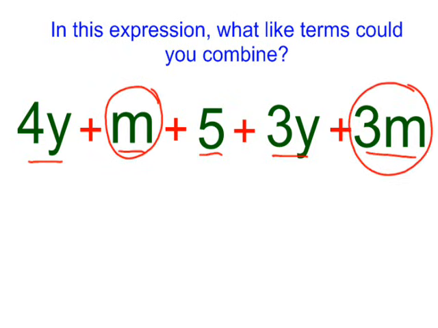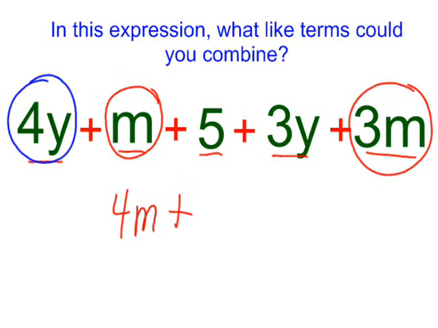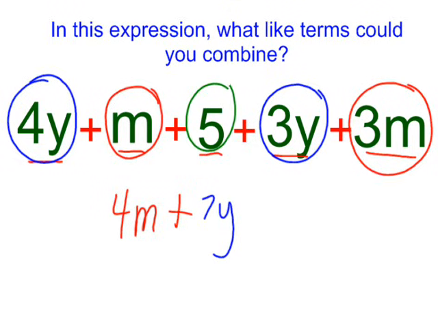They share the same variable, so that would be 4m. Then we could combine the y's. We have 4y and 3y. That would be 7y. And then you could combine your numbers. Well, we only have 1, so it would just be plus 5. So if you were simplifying that expression, it would be 4m plus 7y plus 5.